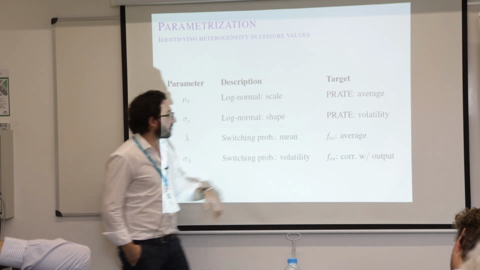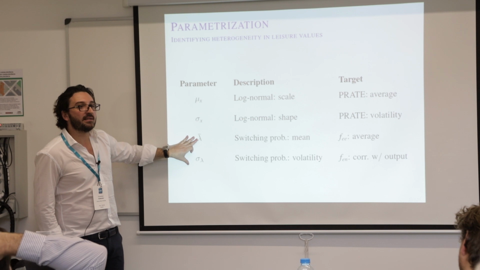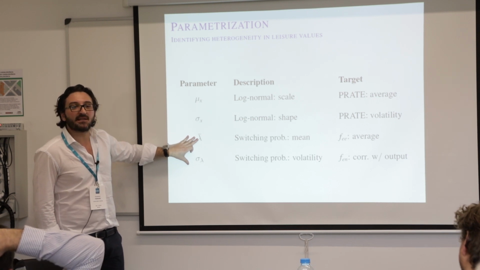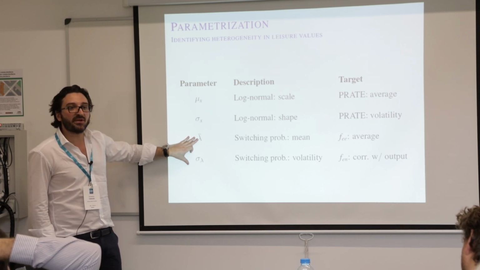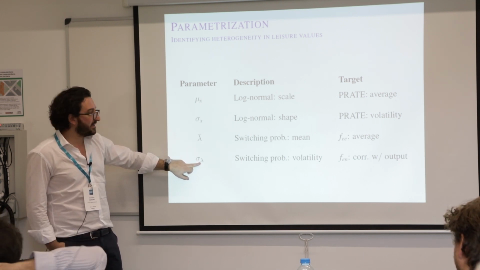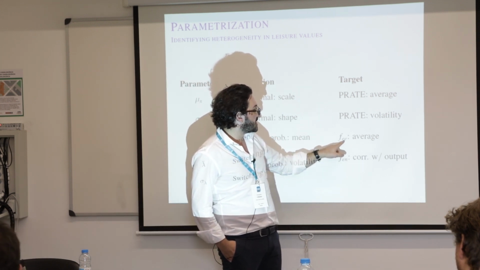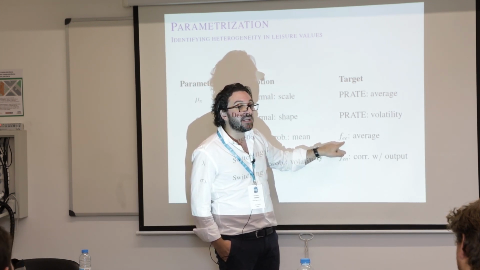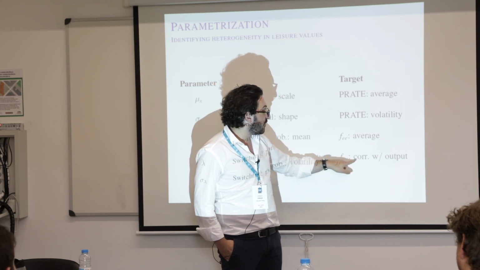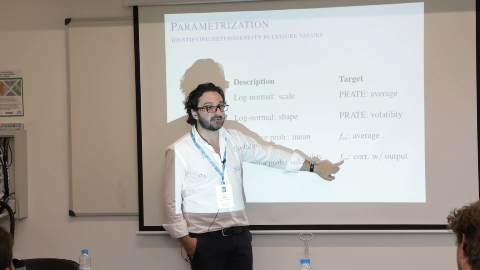And then we use lambda bar, the mean probability that the value of leisure changes from one period to the next, and the volatility of that probability, so that the model gets the average transition probability of remaining employed, and the correlation with output of FEN.